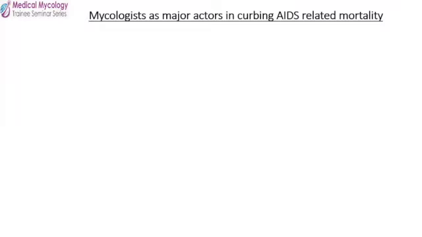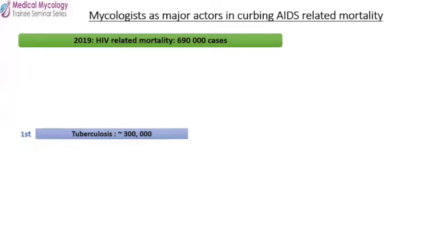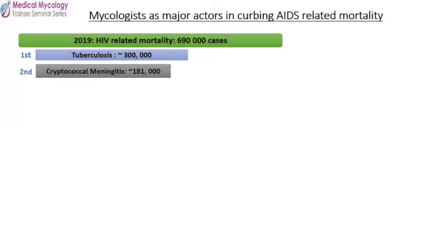So given that I mentioned the fact that cryptococcal meningitis is the second cause of mortality among HIV patients, this discussion is among mycologists. I just want to draw your attention to the fact that the future of curbing mortality associated with AIDS is our direct responsibility as mycologists.